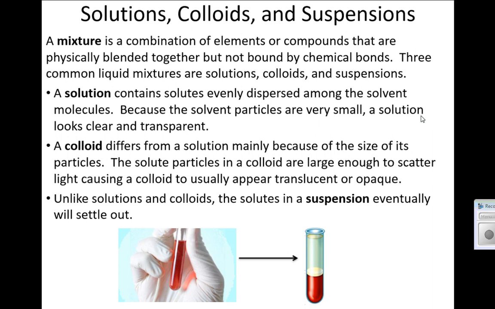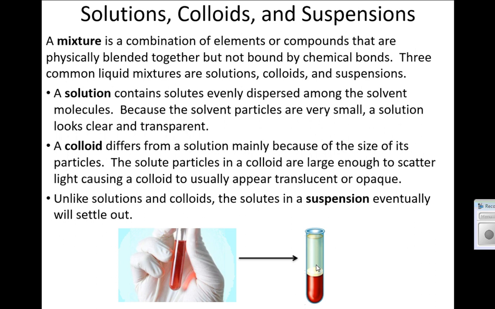Unlike solutions and colloids, solutes in a suspension eventually will settle out, which we can illustrate down at the bottom. When you take blood and let it sit in a sample or a test tube, eventually it'll separate into three things. That can be sped up by running it through a centrifuge, which is a machine that will spin it really fast.